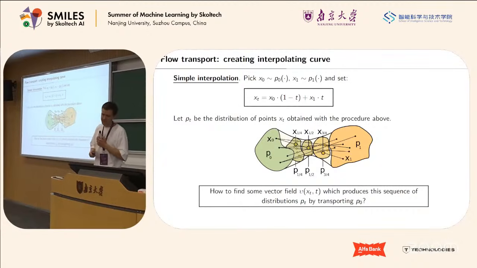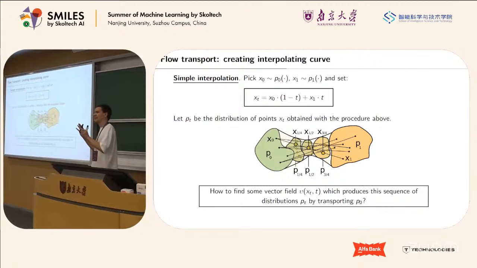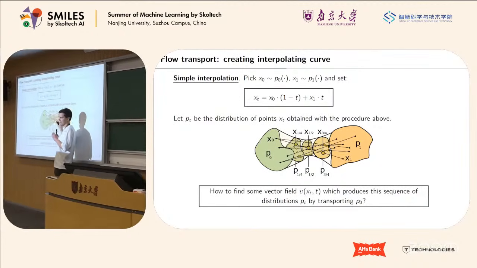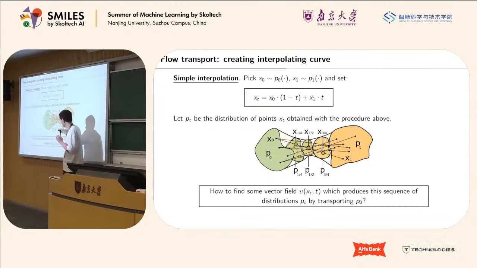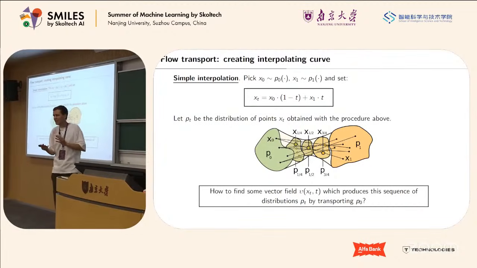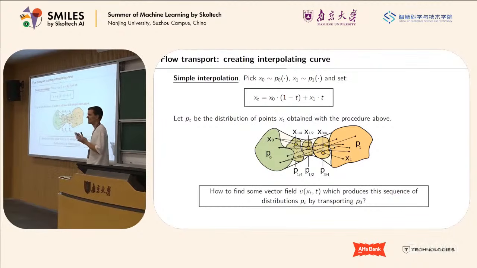The main question is, we constructed some sequence of probability distributions which interpolates from, for example, noise to data. But this cannot be used for generative modeling, because it does not give a construction for how I can take a sample from the input distribution and produce a sample from the target distribution.